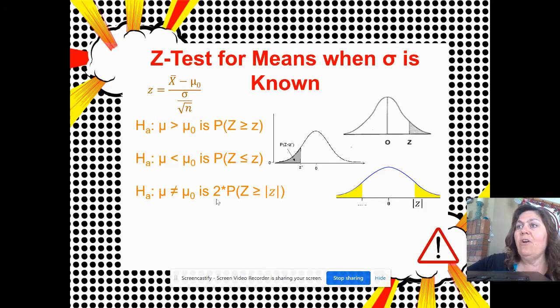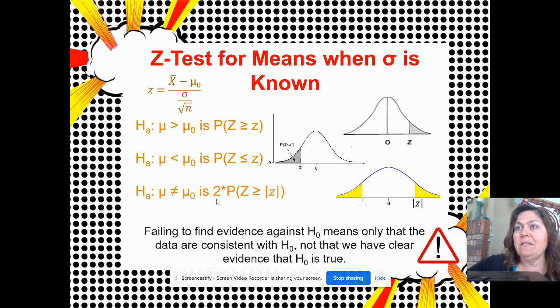Okay. Caution, as we did yesterday, I mentioned this, but let's just make sure we understand it, that if you fail to get enough evidence against the H0, okay, that means that your p-value is greater than your alpha that you've started off with. So if you fail to get enough evidence, you don't have statistically significant evidence.